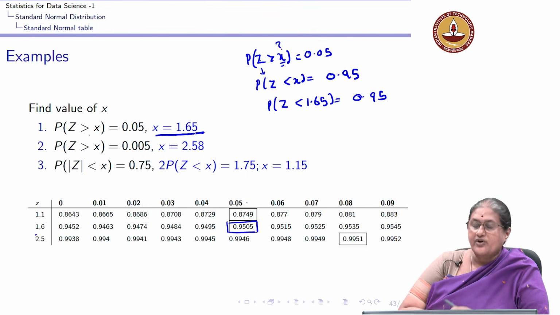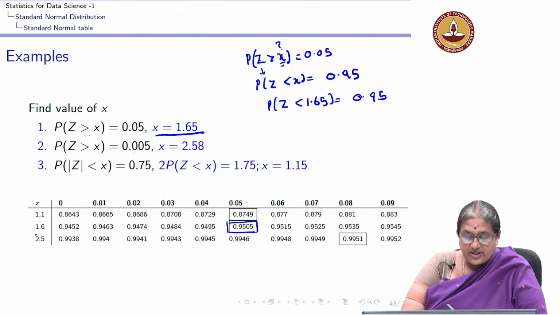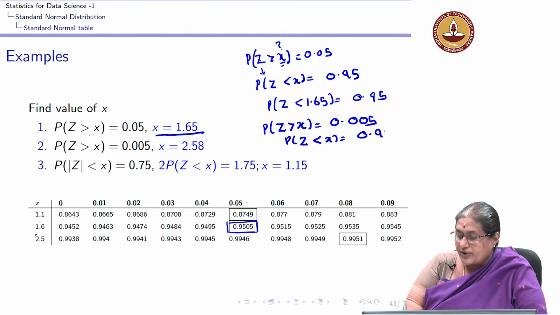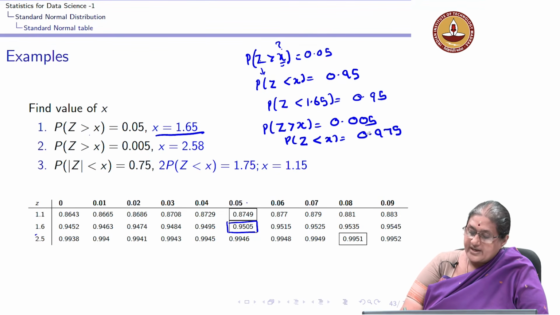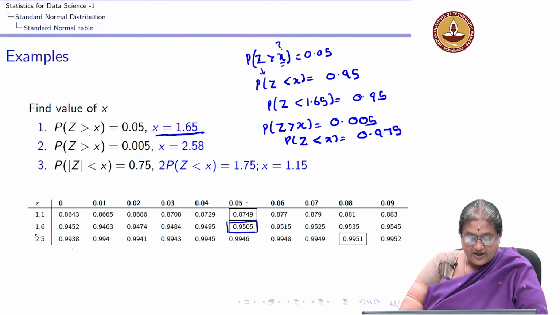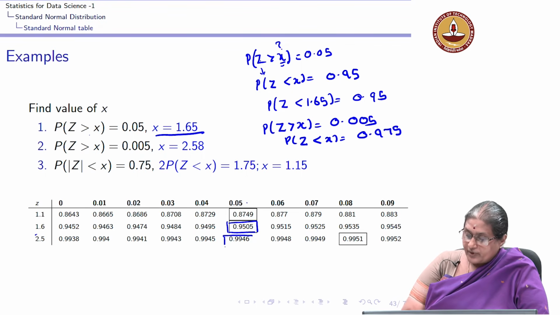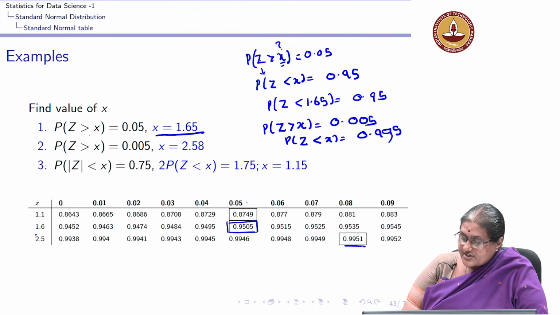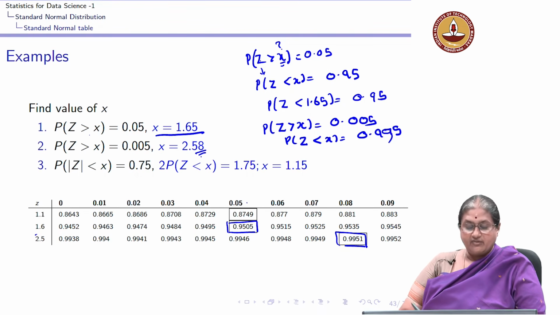Hence, my x is 1.65. Similarly, if probability z is greater than x is 0.005, probability z is less than x is going to be 0.995. Now, I can see that 0.995 comes at 2.58, hence x equals 2.58.